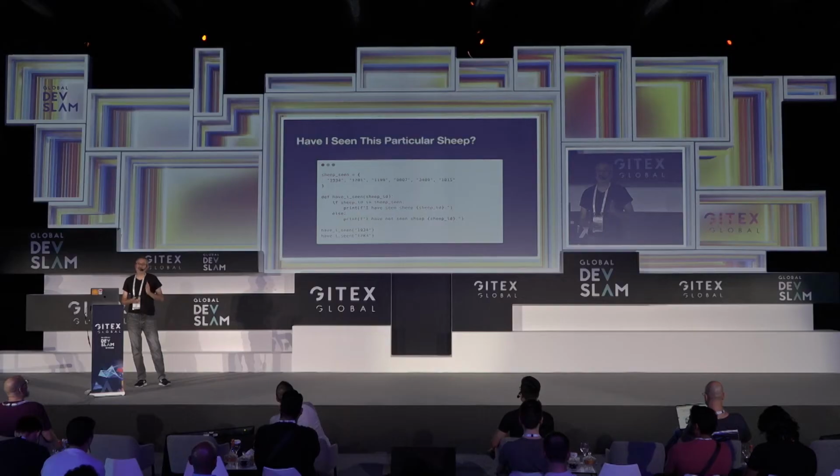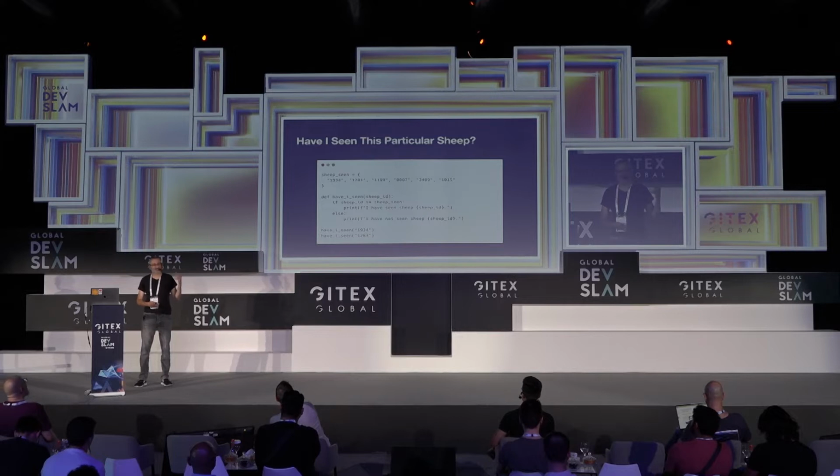So then the other question we want to ask when we're looking at counting distinct things is, have I seen this particular unique identifier before? So have I seen this sheep before? Again, a Python set looks like a really good idea for this because I can put all the things in the Python set.